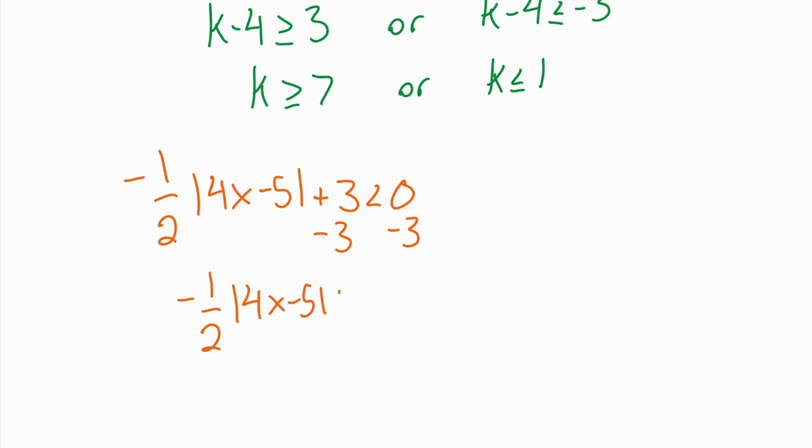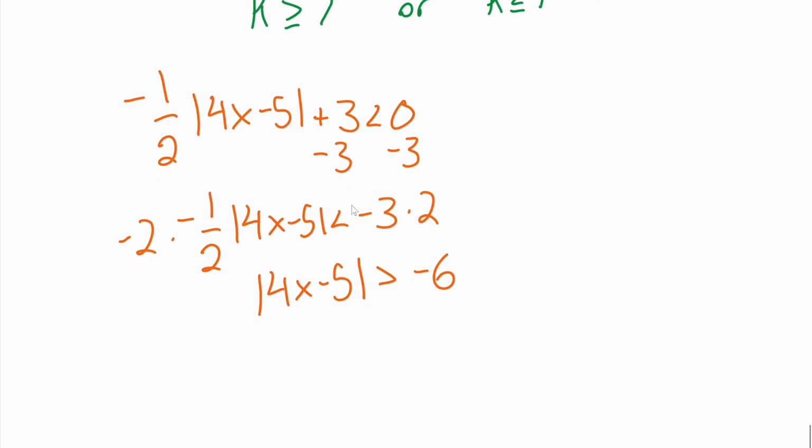Okay, so that'll leave us with negative 1/2 times the absolute value of 4x minus 5 is less than negative 3. Multiply both sides by -2 to get rid of the -1/2. So we have the absolute value of 4x minus 5 is greater than -6 because of the sign flip. Oops, so this should have been -2, so this should be +6. Right.